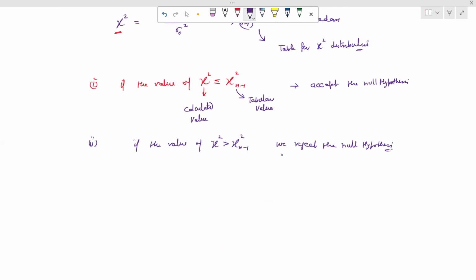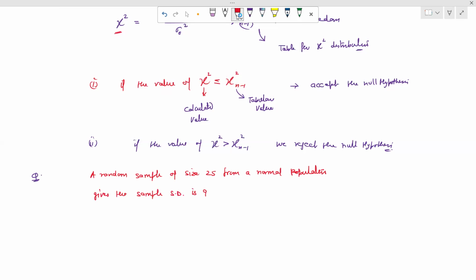So now we take one question based on this. So we write down the statement of the question. A random sample of size 25 from a normal population gives the sample standard deviation is 9. ये क्या है, sample standard deviation, not population standard deviation.